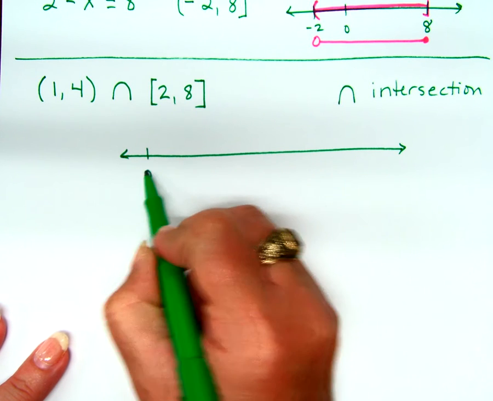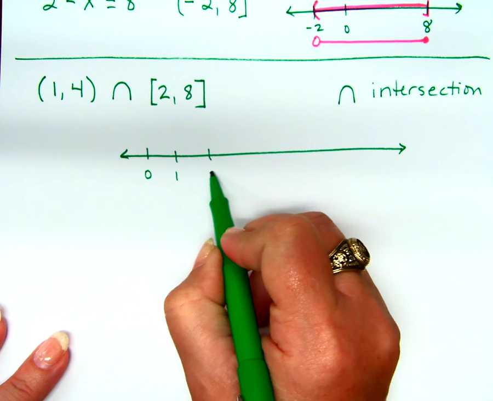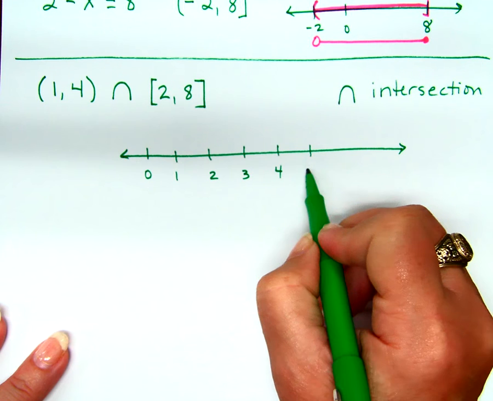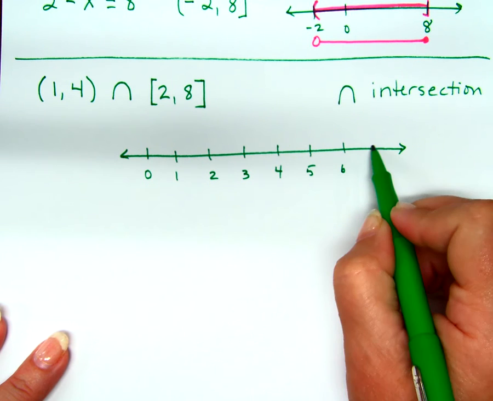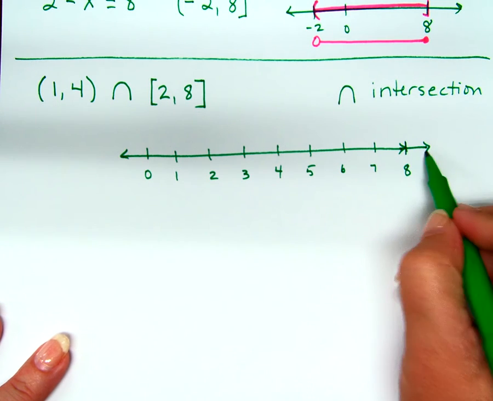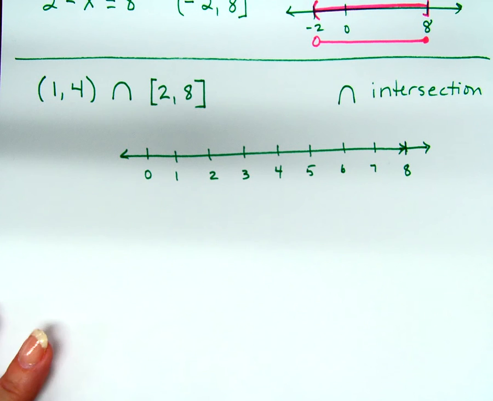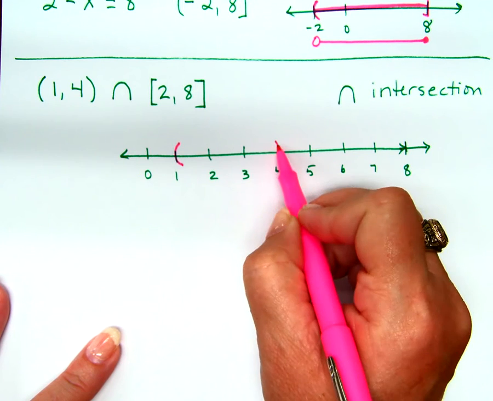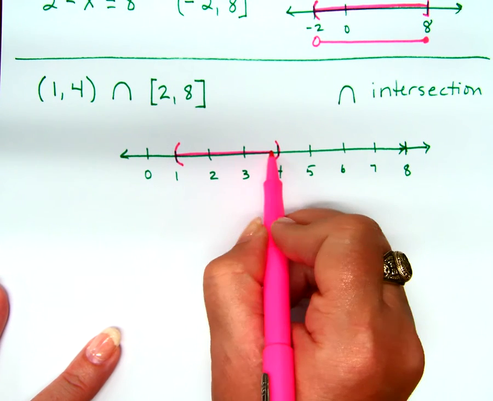I've got 0, 1, 2, 3, 4, 5, 6, 7, 8. I didn't give myself enough room. So what does the graph look like from 1 to 4? Here's 1. 1's not included. Neither is 4. It looks like that, right?